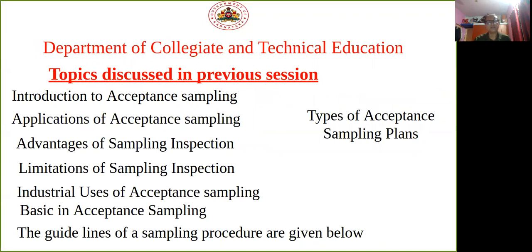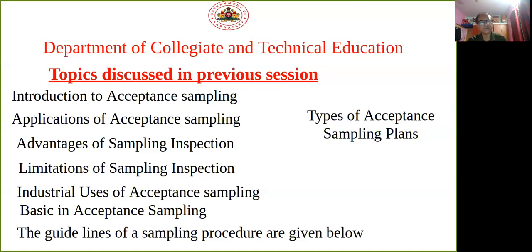In the last session, I gave you an introduction and a little description of acceptance sampling. Then we studied the applications of acceptance sampling, where exactly we are using it.